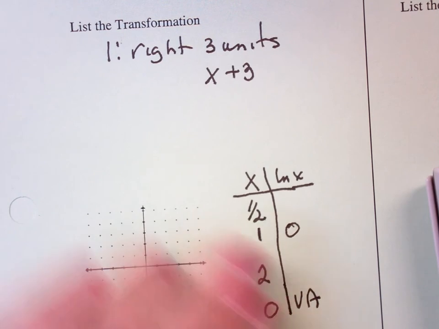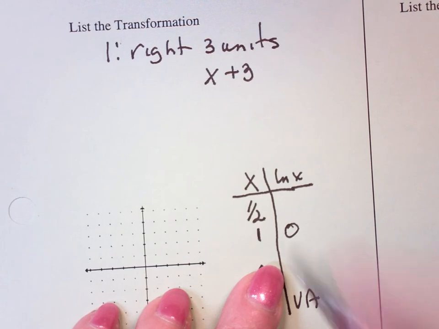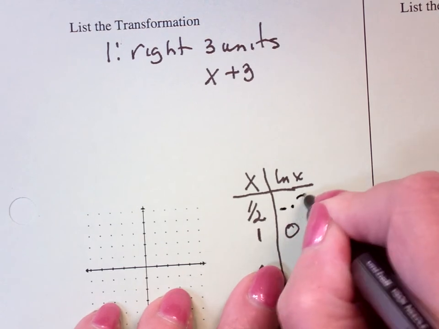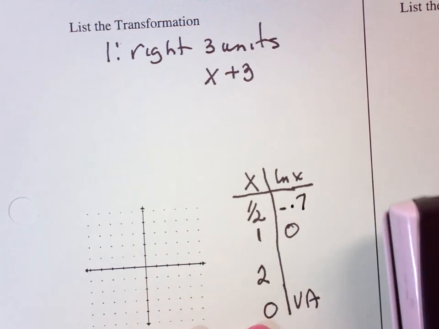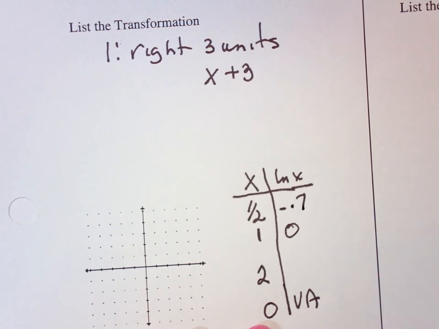Now I need those values, so I'm going to pull out my handy dandy little calculator and take the natural log of a half, which is negative 0.7, and the natural log of 2, which is just 0.7.